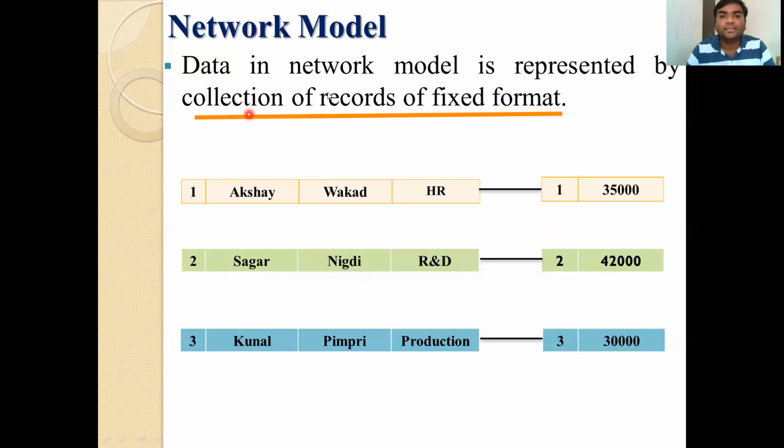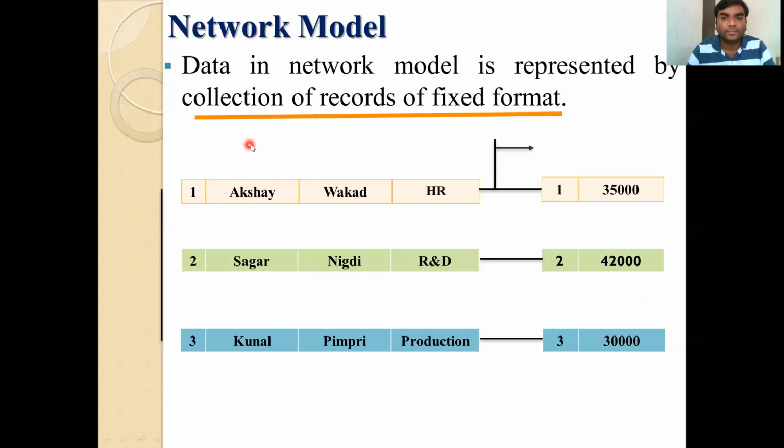So data in the network model is represented by a collection of records of fixed format. These are the records: employee ID, employee name, employee address, employee designation, employee salary. These records are represented by fixed format in a network model. In this way, data is represented by the database administrator using the network model.